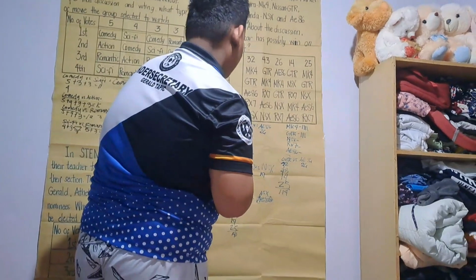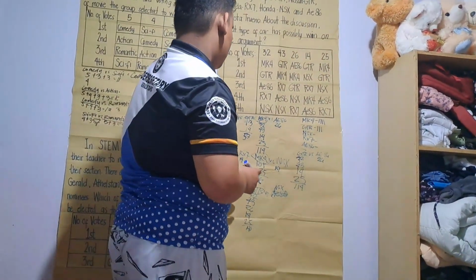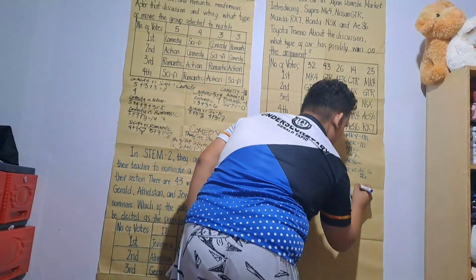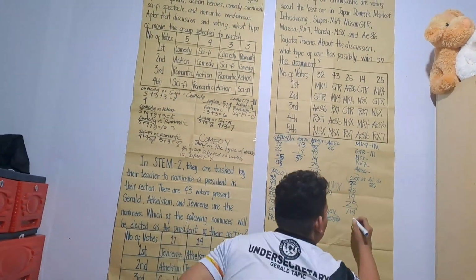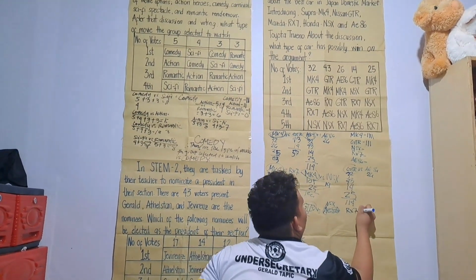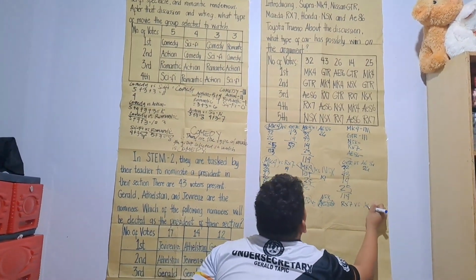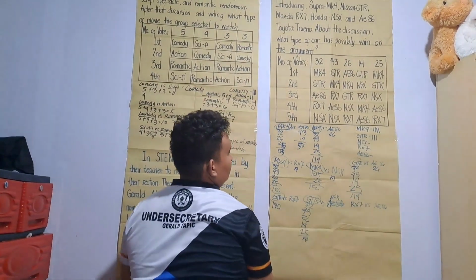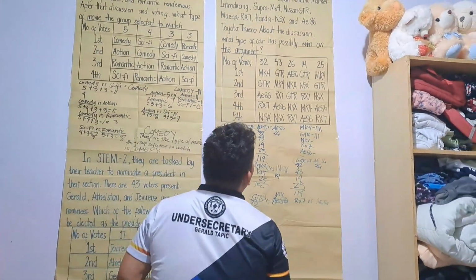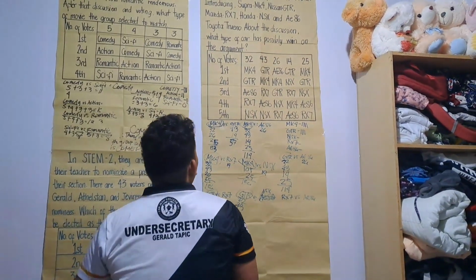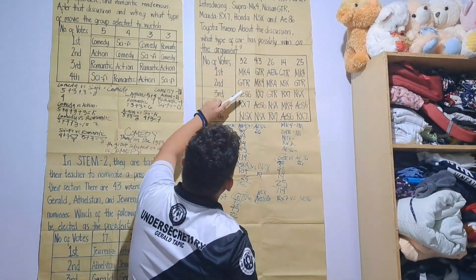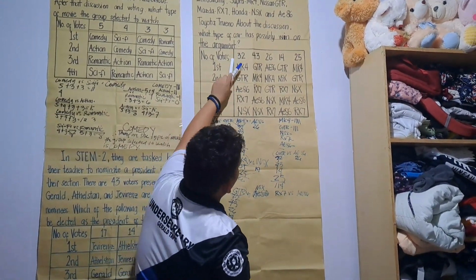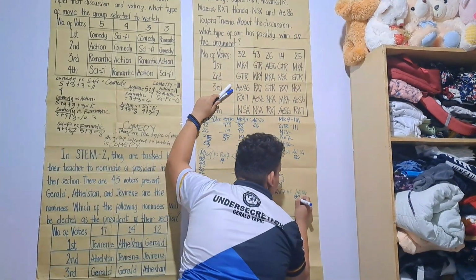The next matchup is RX7 versus AE86. In the first column, AE86 is first than RX7, so meaning 32 votes goes to AE86.